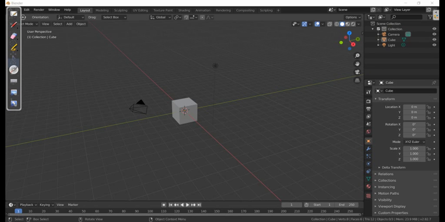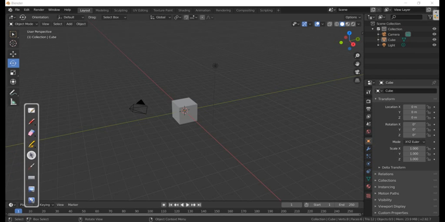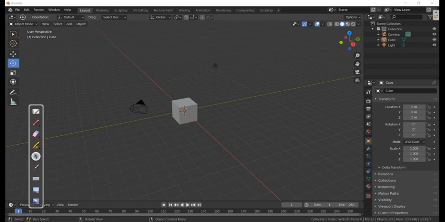Now let me try to rotate this thing. You can see that this red circle is basically your x-axis.